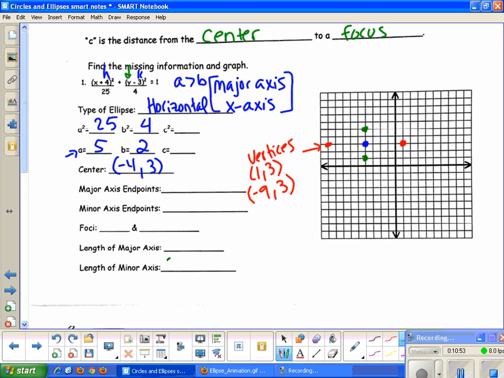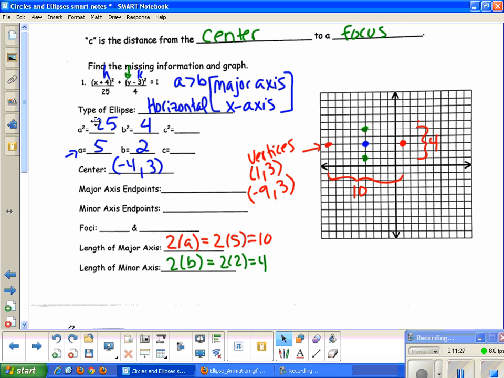You can do 2 times your b, which in this case is 2 times 2, which is 4. And the length of the major axis is going to be the longer one, so 2 times a in this case, which is equal to 2 times 5, which is 10. And you can even count from the distance from here to here is 10. The distance from here to here is 4, so it's easy to tell in the graph.